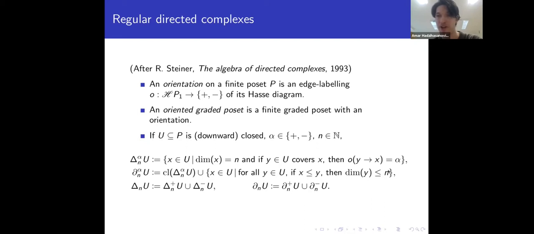If it's in the boundary of another element, then it's in the output boundary of that element. To obtain the whole boundary, we also add all the elements that are not in the boundary of anything of dimension higher than n. And then we can take the whole boundary to be just the union of the input and the output boundaries.